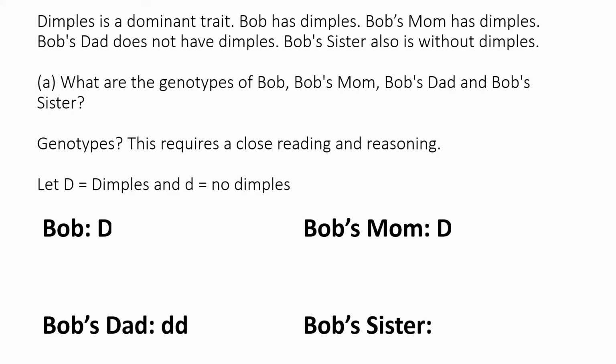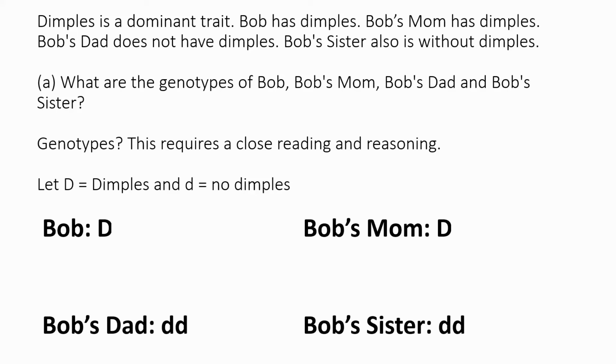So Bob's dad, little d, two recessive alleles, and no dimples. Bob's sister is also without dimples. Great, that's the exact same scenario.